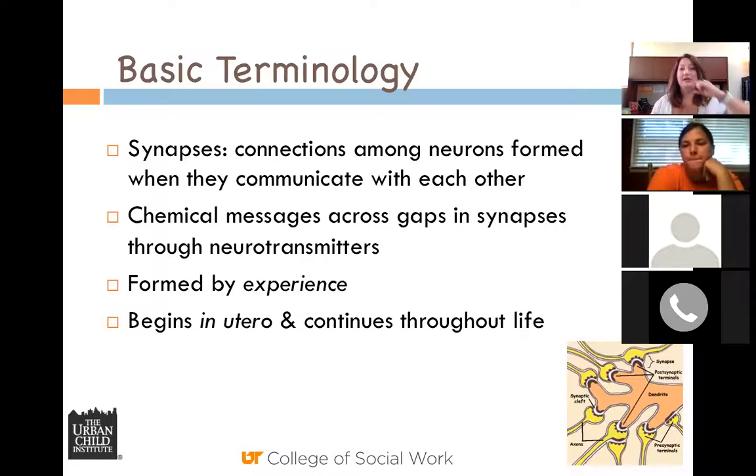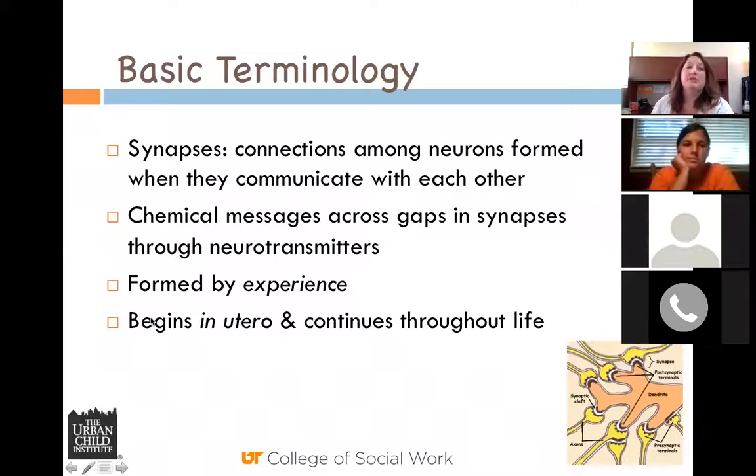This happens over and over again, and the more communication happens, the stronger those connections are. That's the foundation of development: how we grow, the language that we speak, and all of the connections that are made are formed by experience.